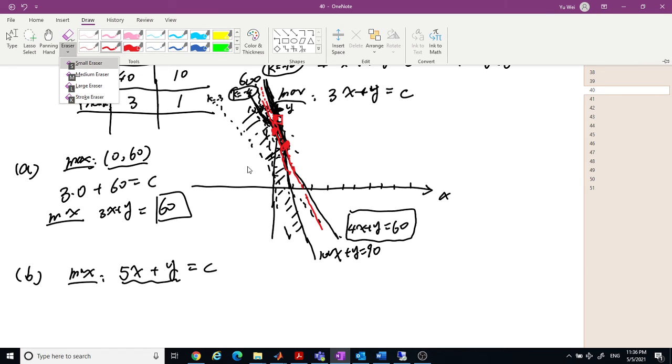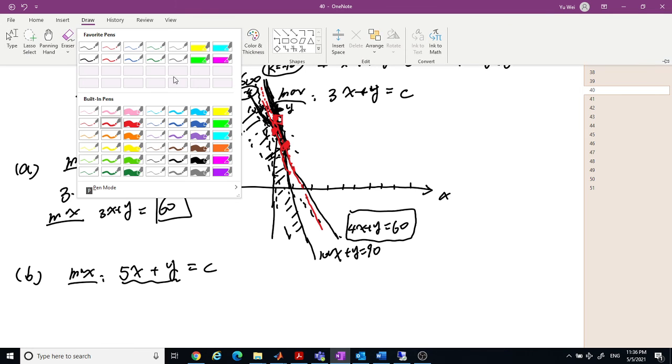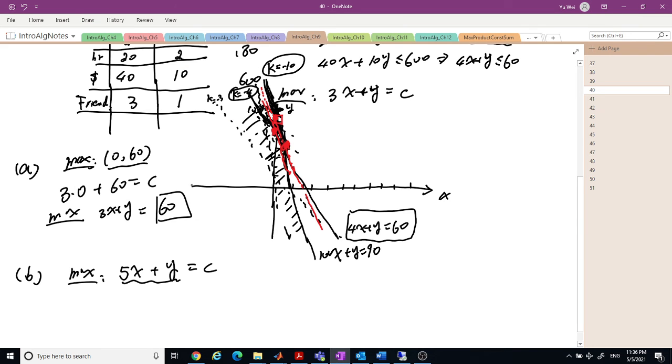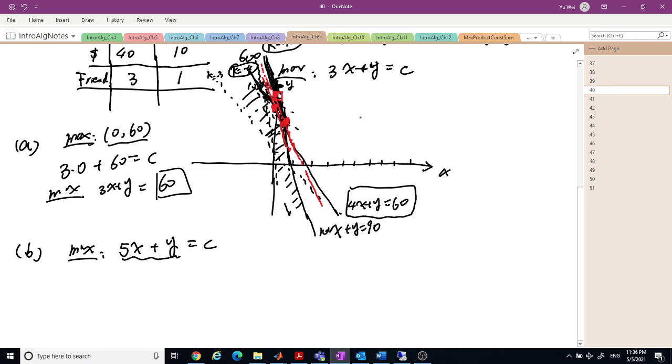Now let's solve the intersection. We need to solve this set of equations: 4x plus y equals 60, and 10x plus y equals 90.